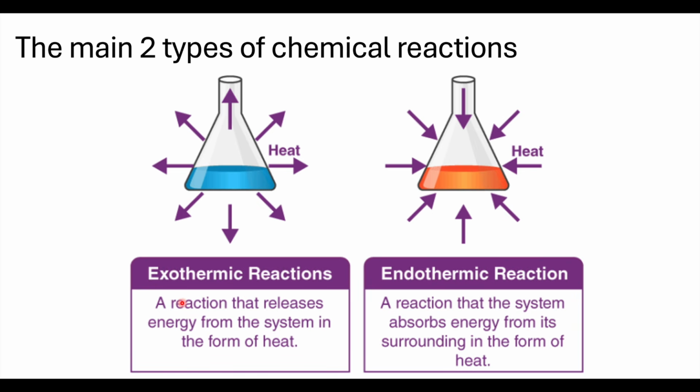Exo, from the term exit, something will be released. Endo, from the term entering or absorbing. So we can have an idea about these chemical reactions: exothermic reactions are the reactions that release energy, and endothermic reactions are the reactions that absorb energy. Okay, let's go deeply.